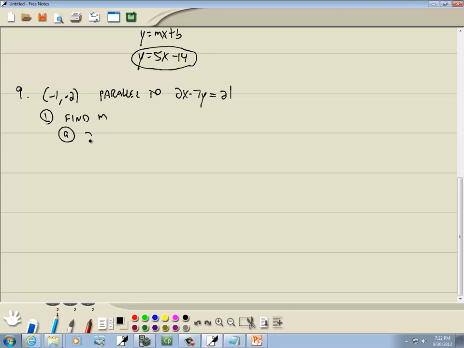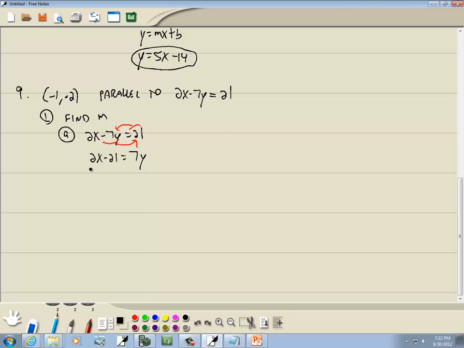Our first sub-step within that is to take the given line and write it in slope-intercept form. So we want to solve for y. Well, the easiest way is probably to take -7y to the right side and 21 to the left side. Anytime you take anything across your equals, your sign changes. So that's 2x minus 21 is equal to 7y.